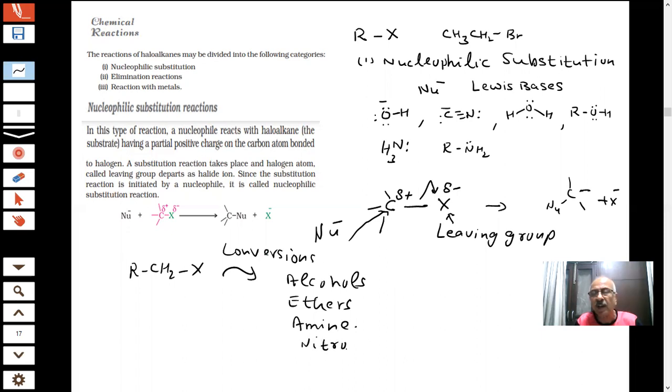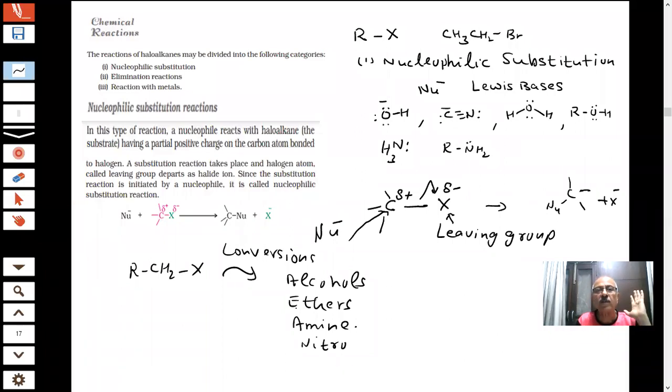So what we are doing basically here is replacing, substituting the X by a nucleophile. X is being substituted by a nucleophile. This is the first important reaction of haloalkanes.